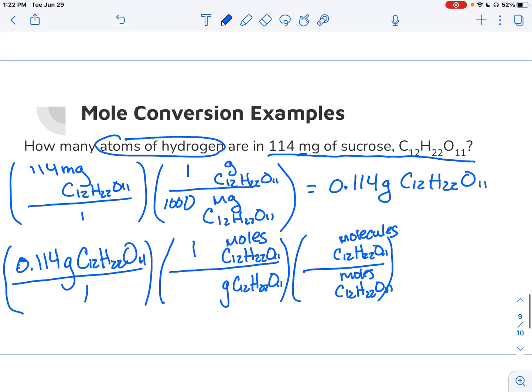So then you plug in your numbers. 1 goes with moles here. The molar mass of sucrose is 342. Then we have 1 and Avogadro's number here.